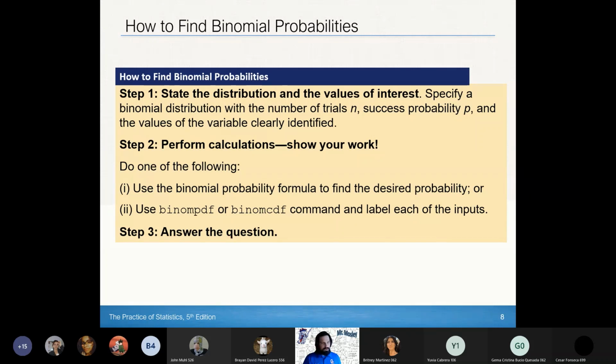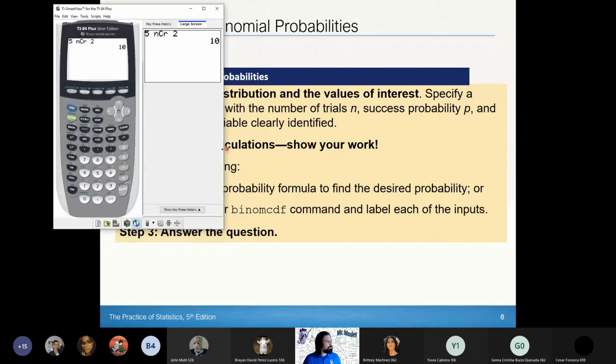So, in your calculator, let's clear that out. In your calculator, if you click second and then vars, where above it says distr, distribution, you get this menu. There's a lot of things in here.